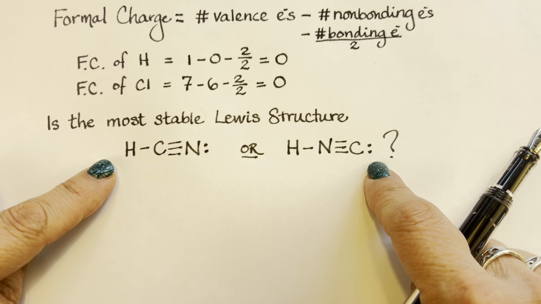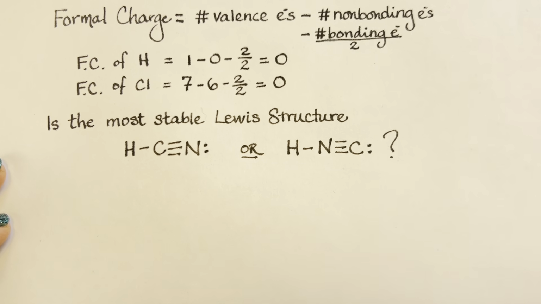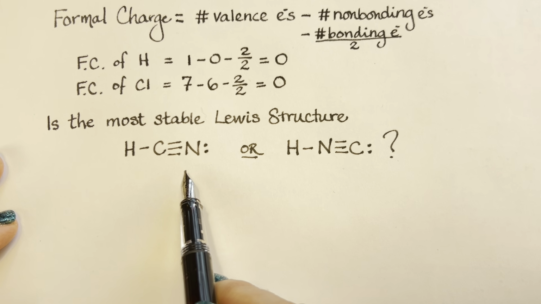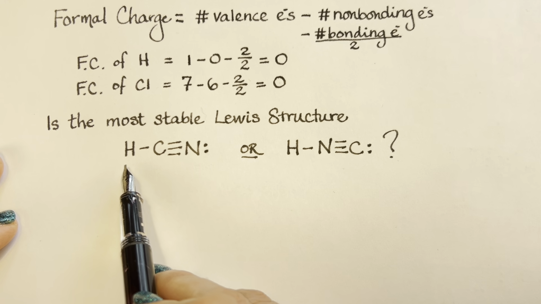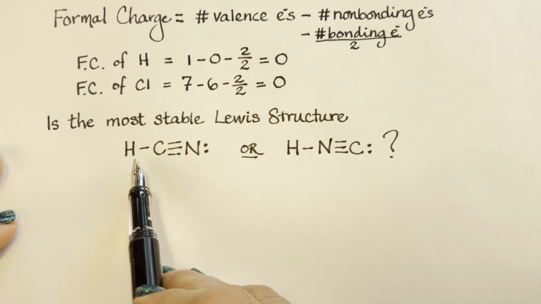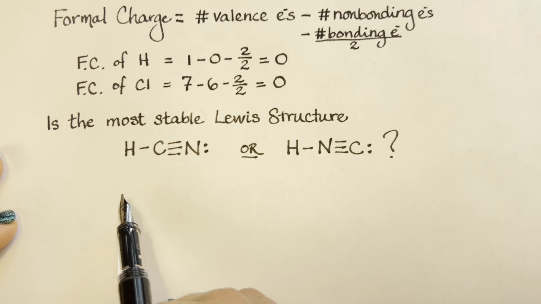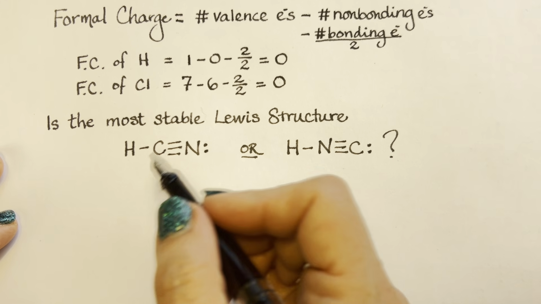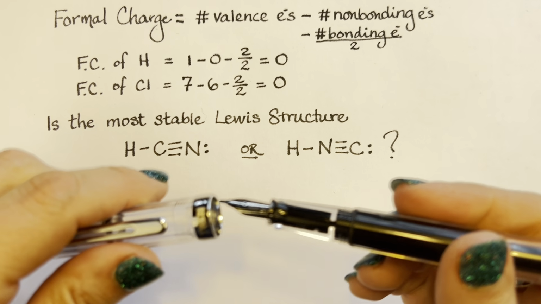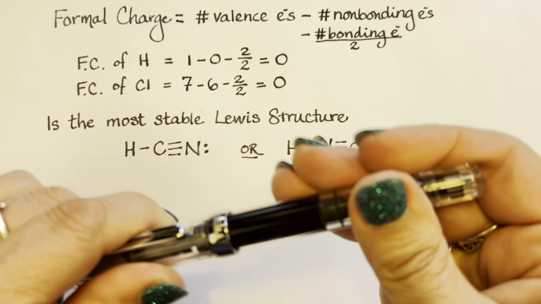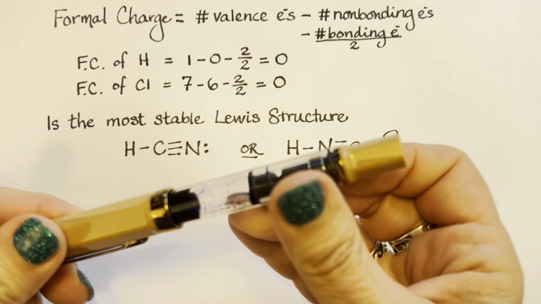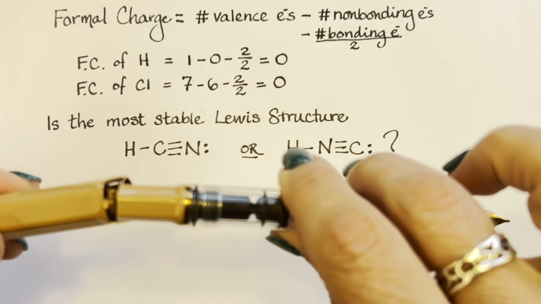Okay. So let's calculate for this molecule what is the formal charge of hydrogen. Very similar to what we just did with our HCl example. I'm going to use a different color to distinguish. I have my purple fountain pen.